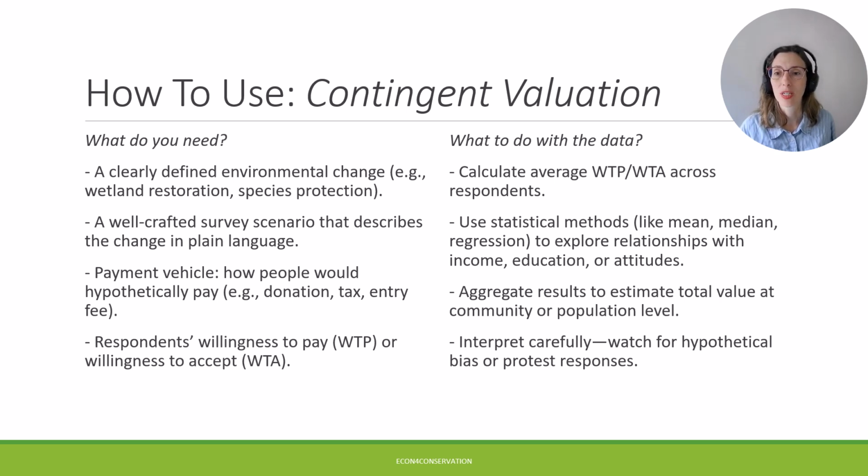Once responses are collected, the data is analyzed statistically. We often calculate the average or median willingness to pay and explore how responses vary by factors such as income, education, or attitudes. With population data, we can then scale up to estimate the total value at the community or at the regional level.